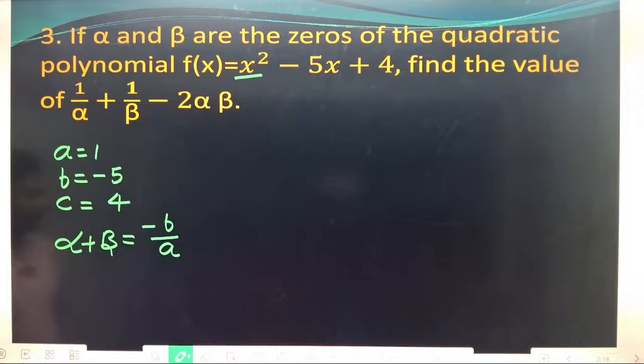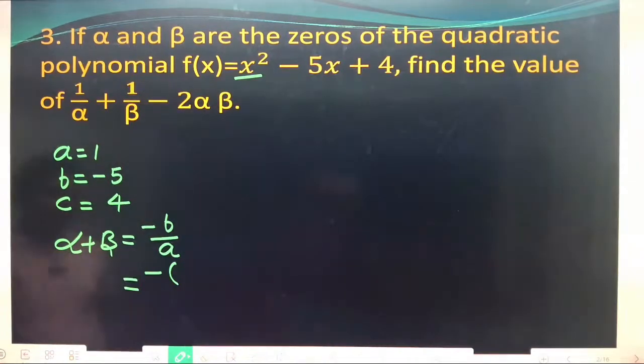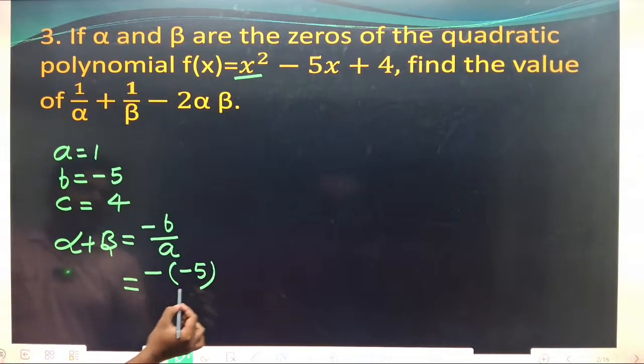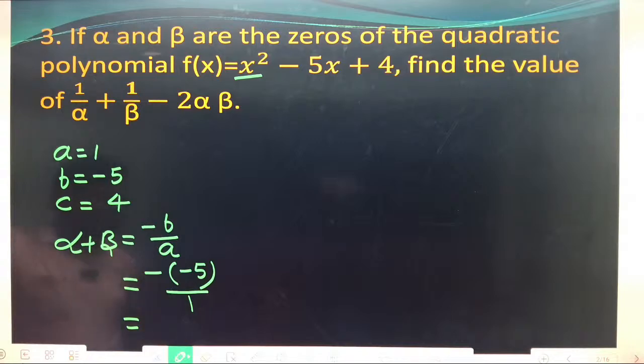B is minus 5 and a is equal to 1. Minus minus multiplied comes into positive, that is equal to 5 divided by 1. The result is 5.